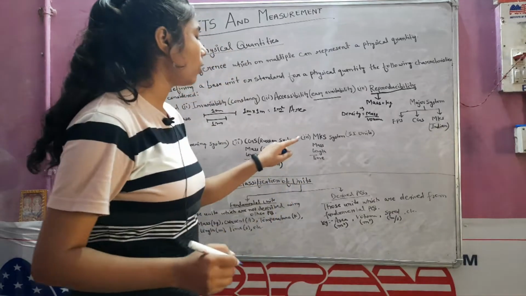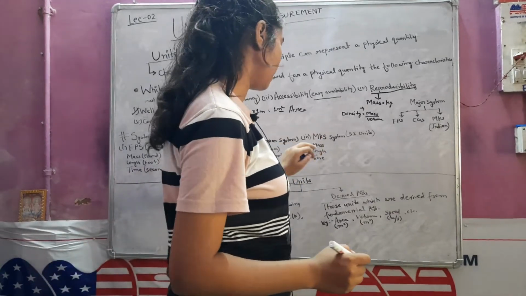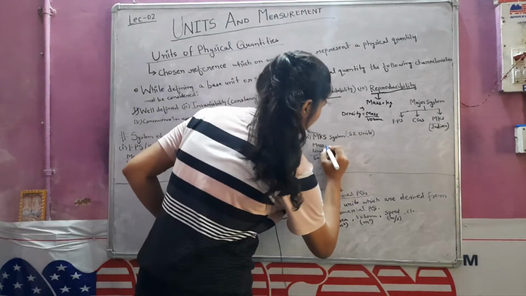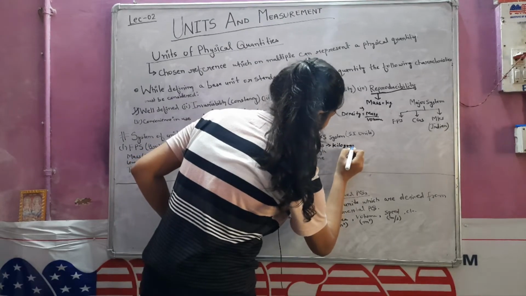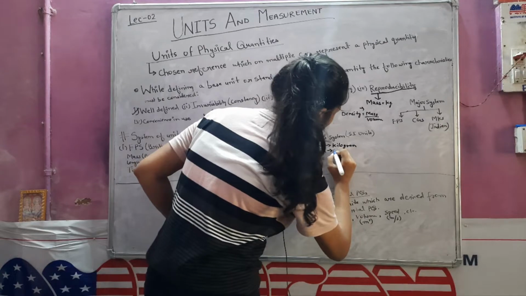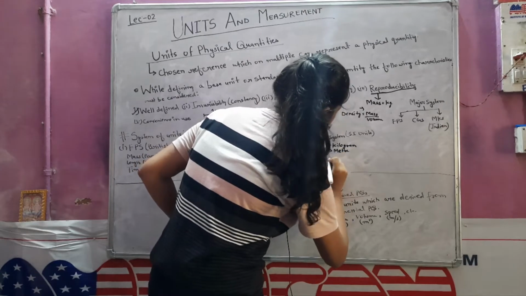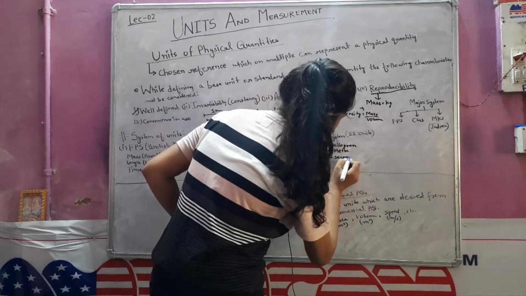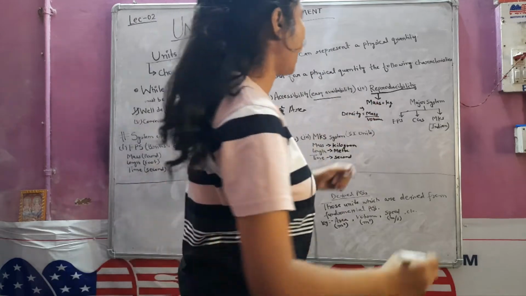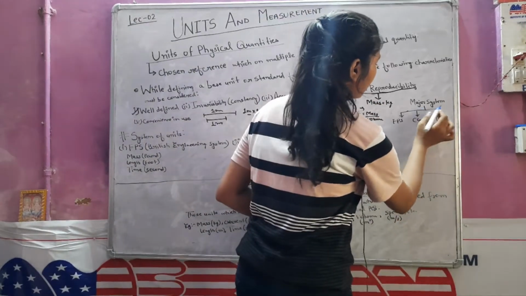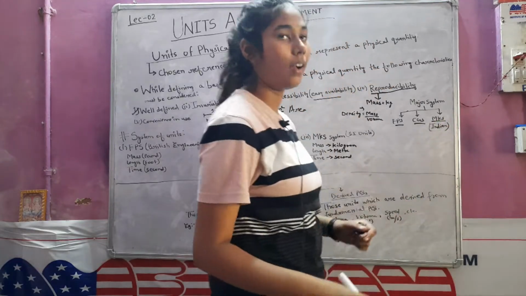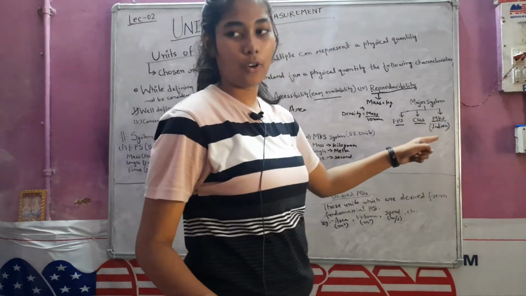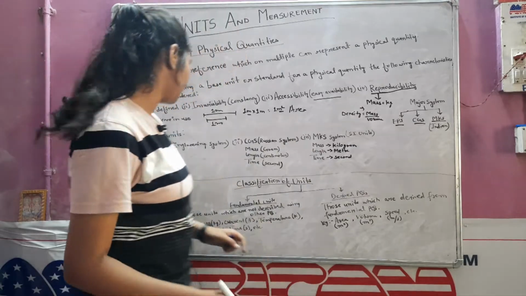The third is the MKS system, where mass is measured in kilogram, length in meter, and time in second. I have shown the major systems FPS, CGS and MKS, and in India we are following the MKS system.